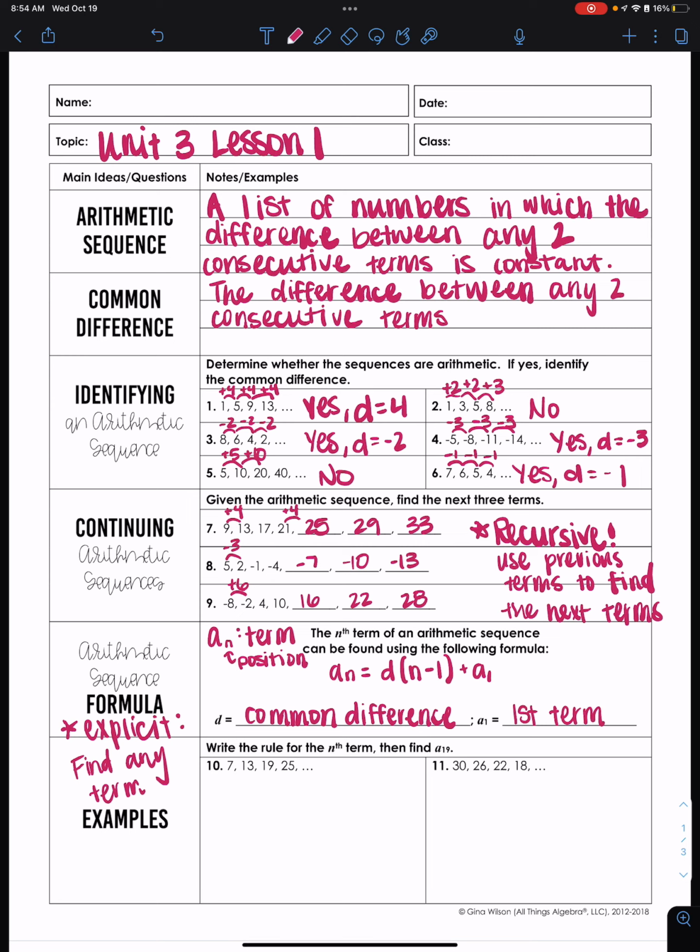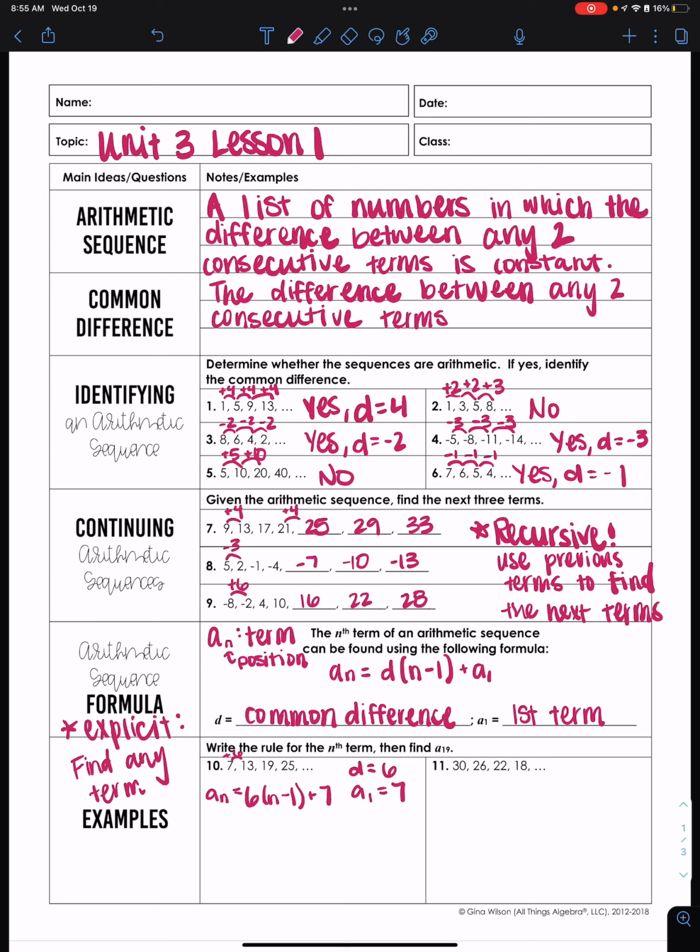All right, so number 10. First thing we want to do, find our common difference. So each time we are adding 6. Okay, and then we want to say our first term is 7. So then we're just going to plug this in. So to write the rule, we'll have a sub n equals, replace d with 6 times n minus 1, replace a sub 1 with 7.